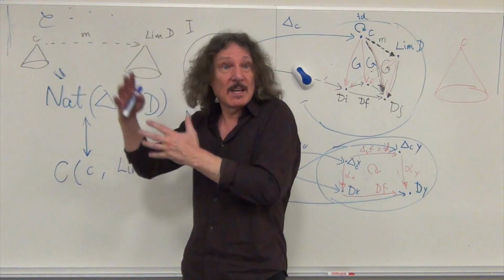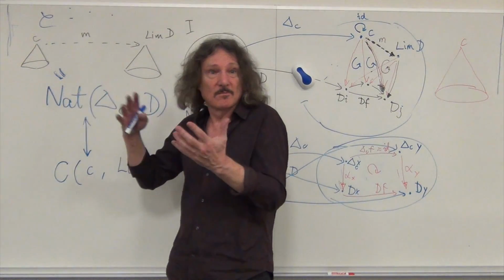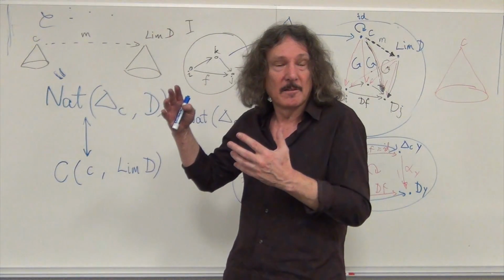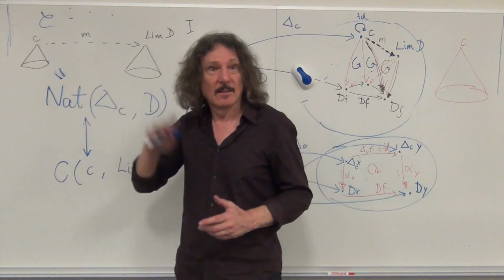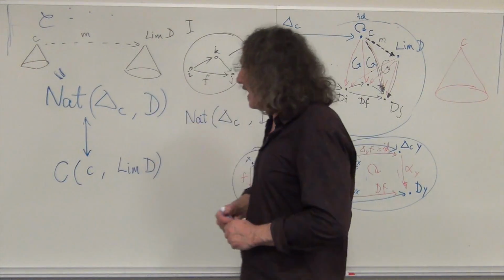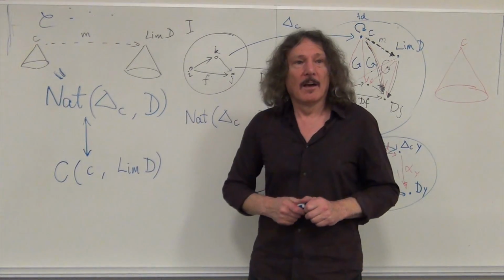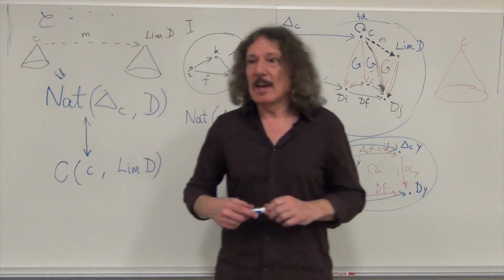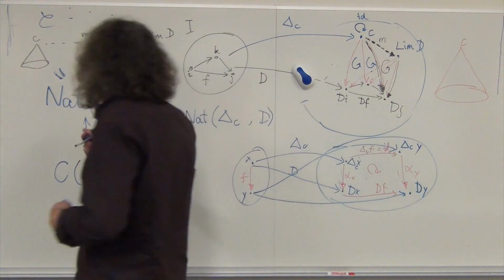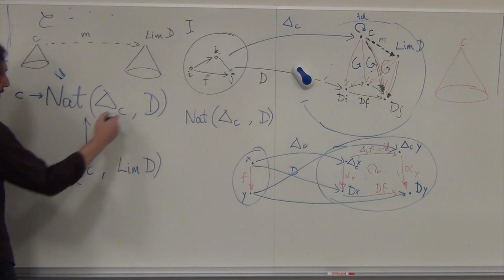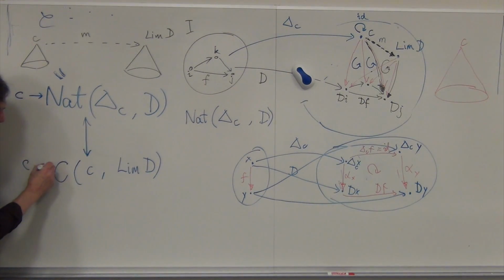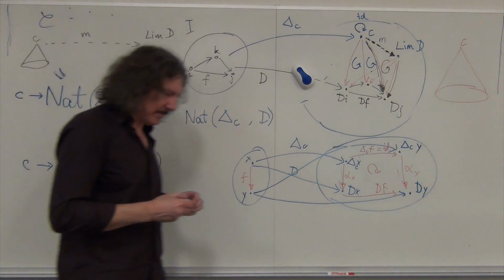There could be many different natural transformations. They're all natural. But I really want to vary C around. So if I vary C, I get something that is a mapping from C to natural transformations and from C to a Hom set.